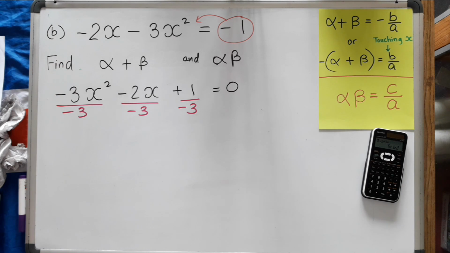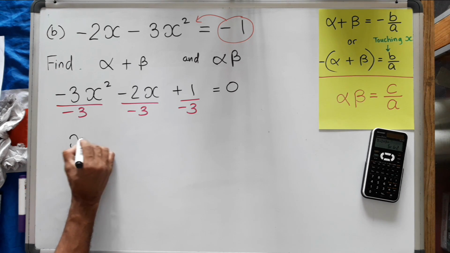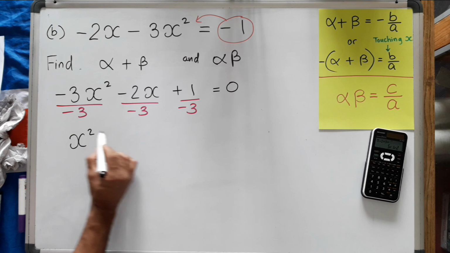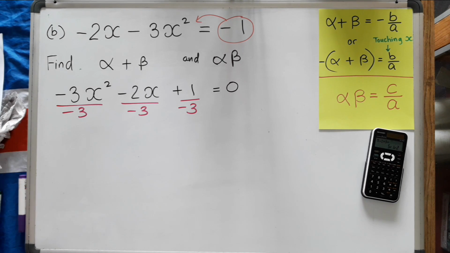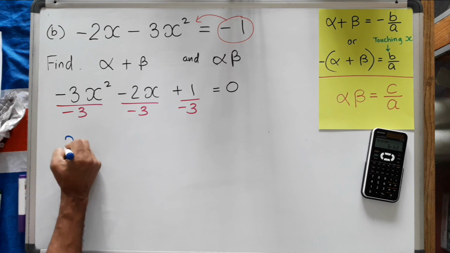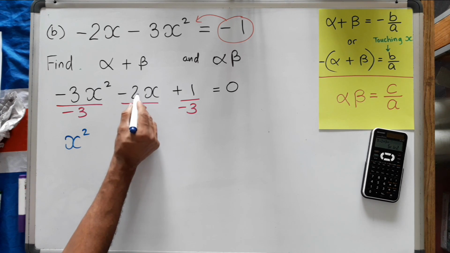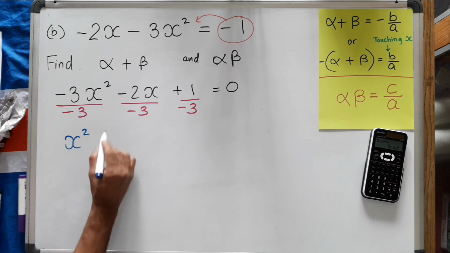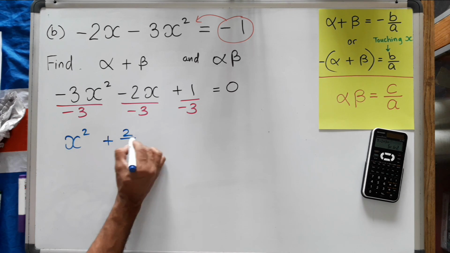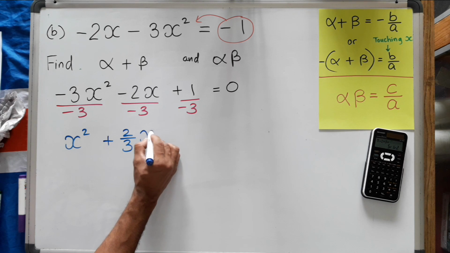These two will cancel out, which will definitely give you x squared. We use a different color so you don't get mixed up with it. Let's see, you're going to get x squared. Well, you end up with 2 divided by 3, and two minus signs when you divide them will give you positive. So you can get 2/3 x.